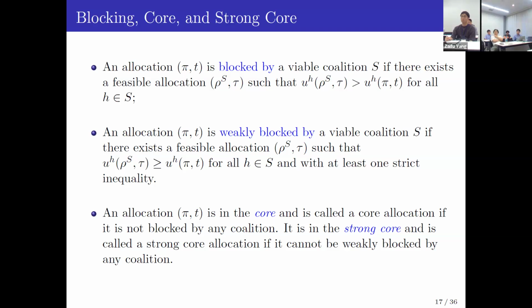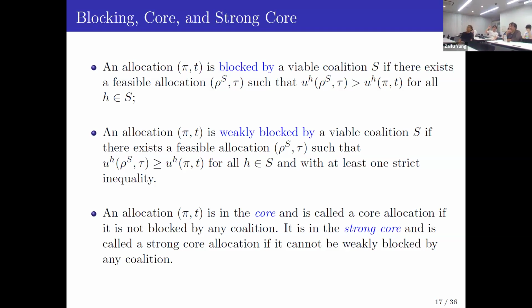Yeah, I think it's better to use valid coalition, because I define this. I have an impression that this definition does not reduce to the Walrasian equilibrium, even if there's no budget constraint.